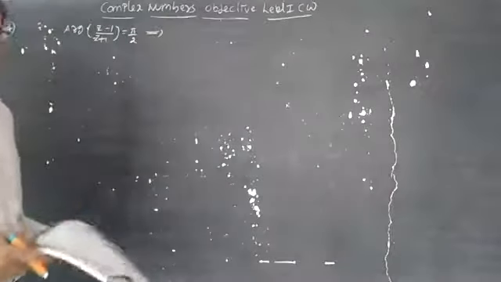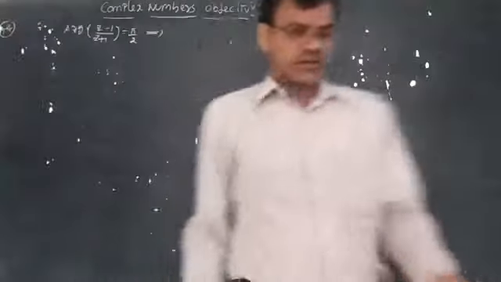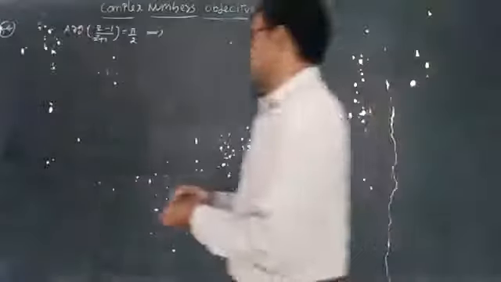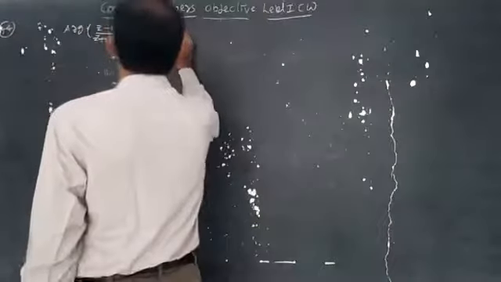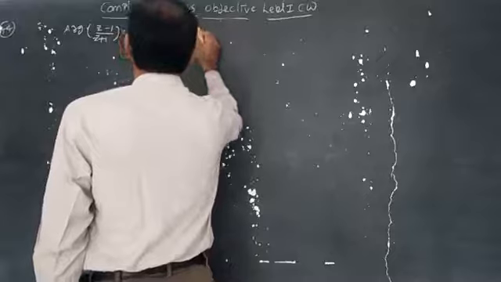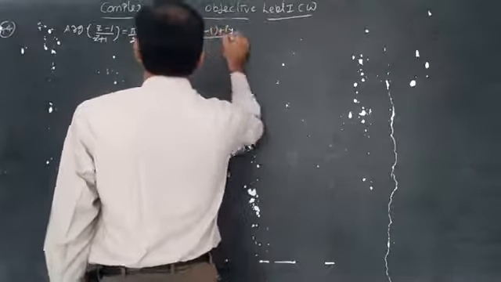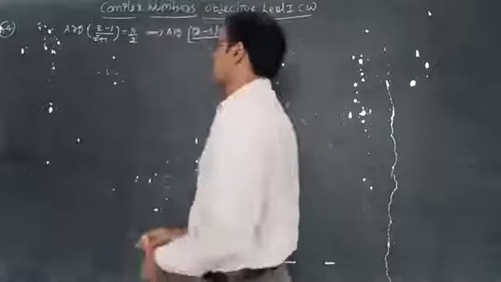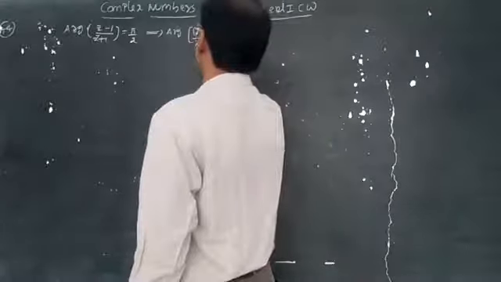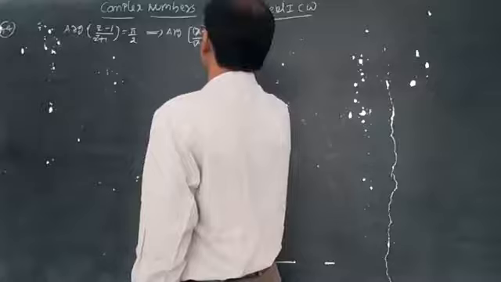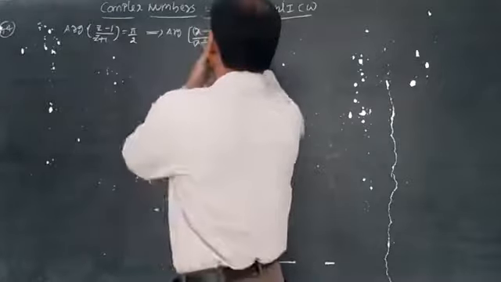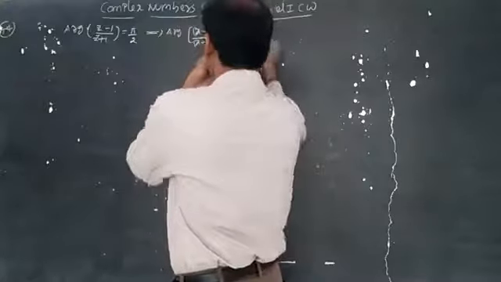Let z is equal to x plus iy. Argument of x plus iy, you can write here x minus 1 plus iy whole by x plus 1 plus iy is equal to pi by 2.